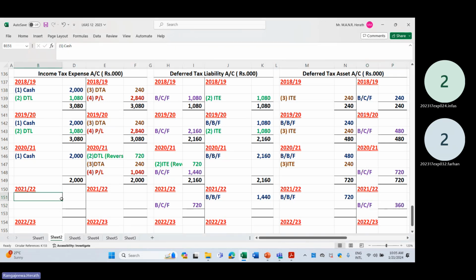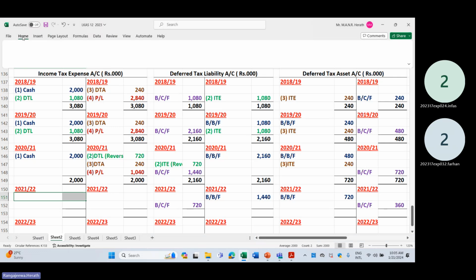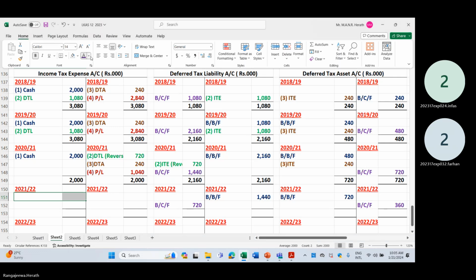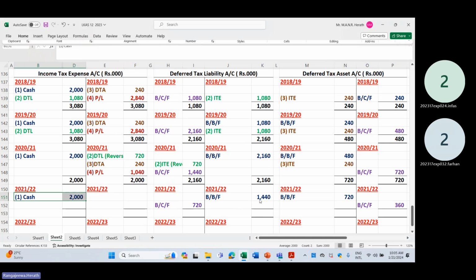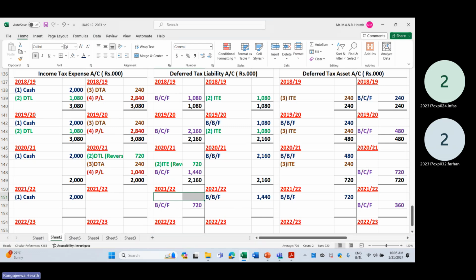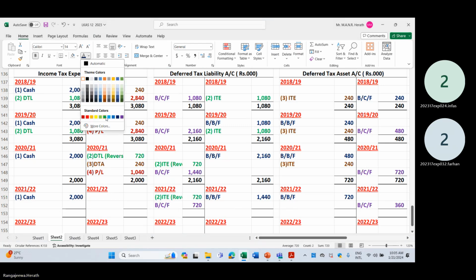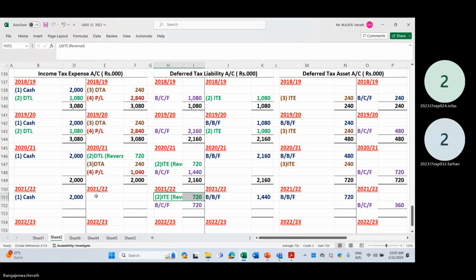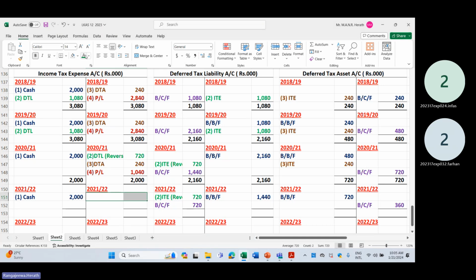And the cash payment, tax payment 2000. Now 1440 decreased to 720. So deferred tax liability reversed this year. So 720, you can credit tax expense.